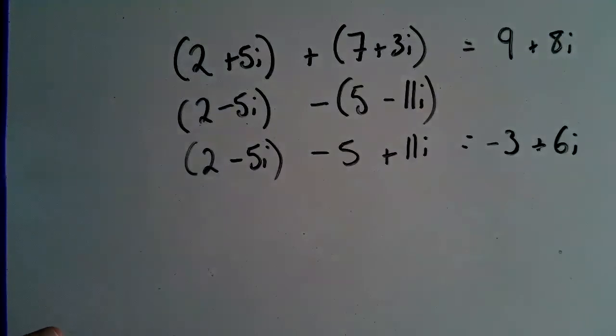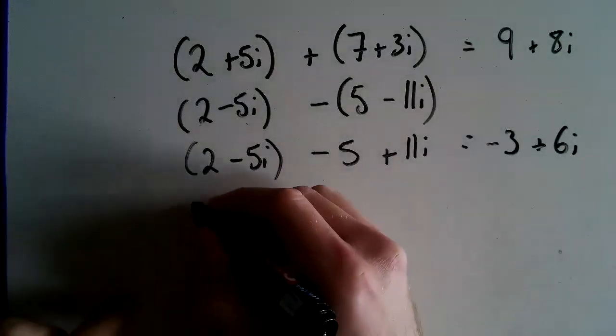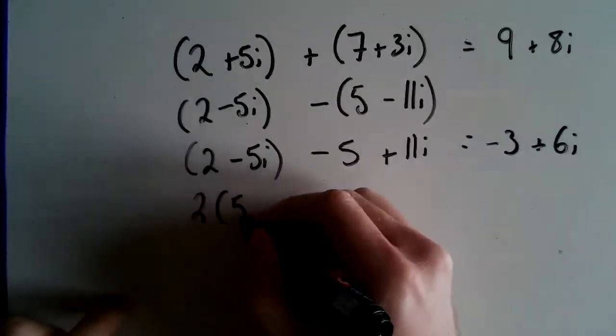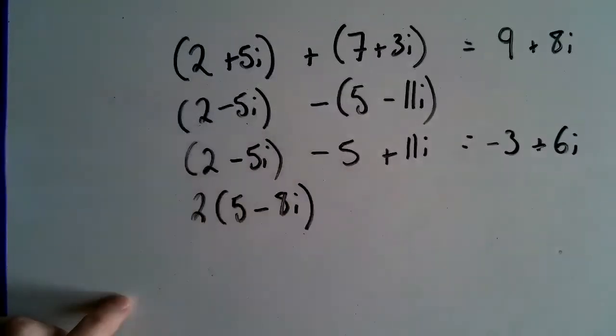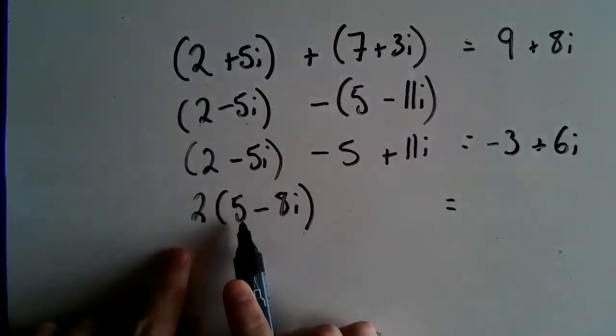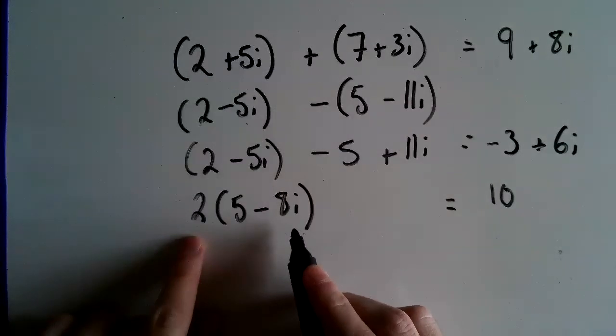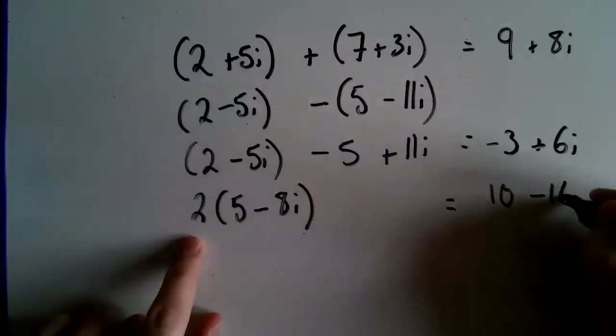Okay, we're not going to times complex numbers or divide complex numbers yet. Let's look at how we can times and divide them by real numbers. So let's have 2 times 5 minus 8i. Well, just like we could with surds, I can do 2 times 5 to get 10, and 2 times minus 8i to give minus 16i.